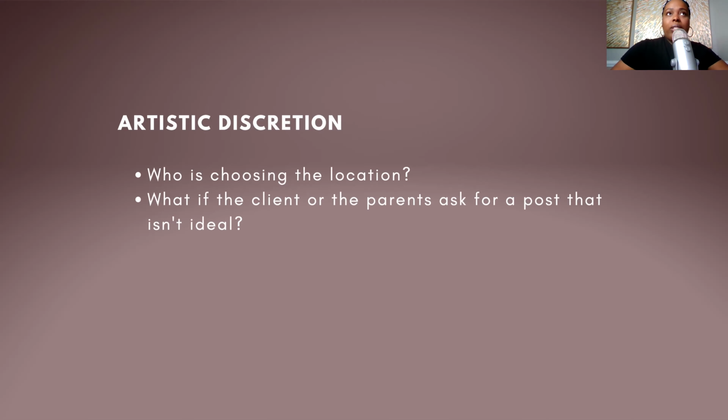Like the client can choose that, but I remember once where I had a client who wanted pictures on a staircase, and the staircase was beautiful. I loved it. However, at the time that they wanted a picture on that staircase, there was sunlight coming onto the staircase through the trees, and it kind of caused a lot of shadows on the faces of the bride and groom and on the faces of the bridal party.